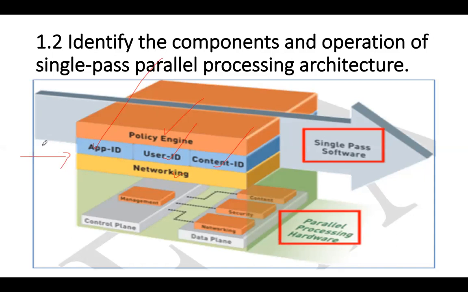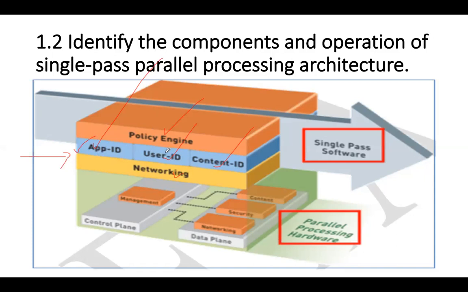So for that, Palo Alto goes through multiple checks. For example, application ID: it checks what application you're using and matches the signature. If that signature is matching, then okay, fine, this is not malicious traffic.